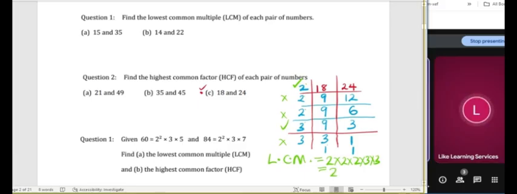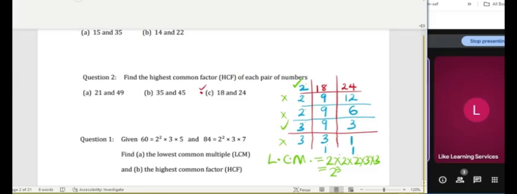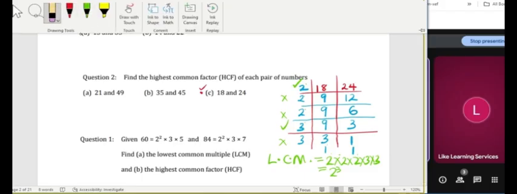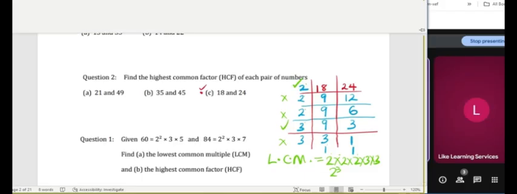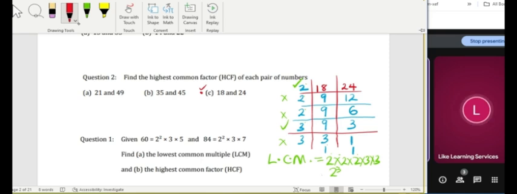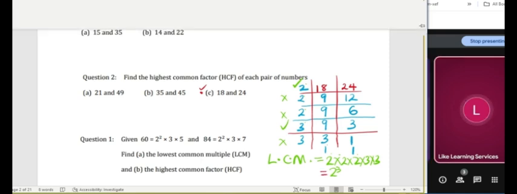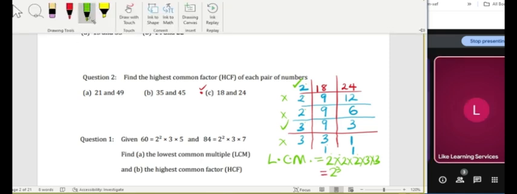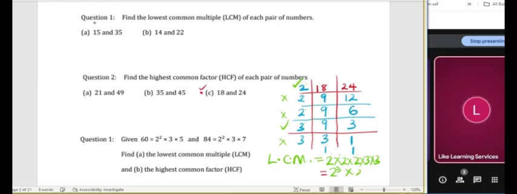You can even say 2 raised to the power 3, that's 2 in 3 places, times 3 raised to the power 2. That would be 8 times 9, and that would be 72. Excellent, beautiful. That's for LCM. What about HCF?